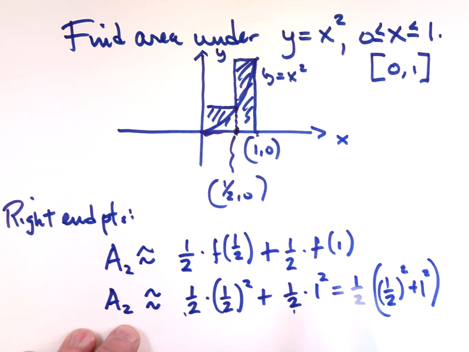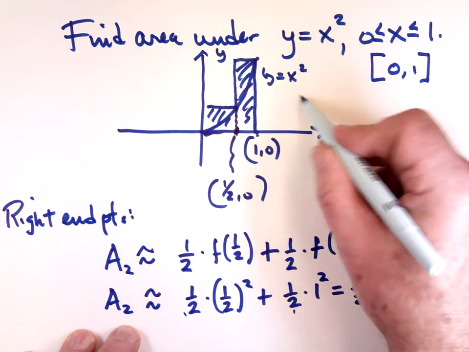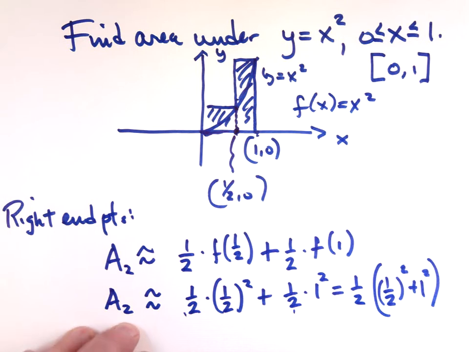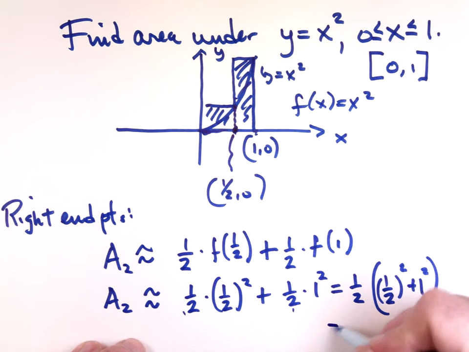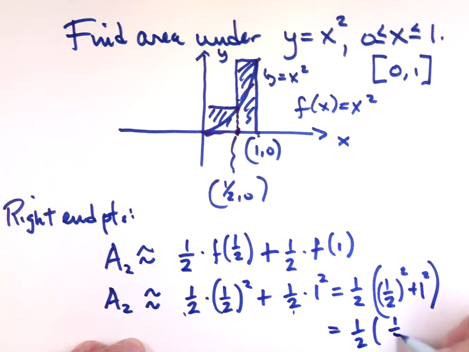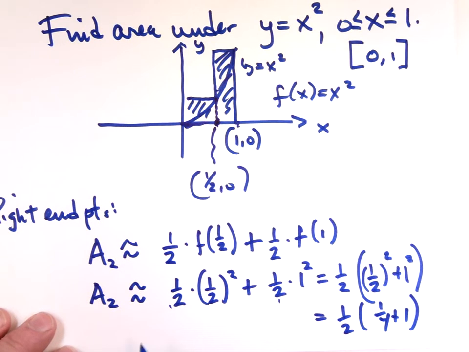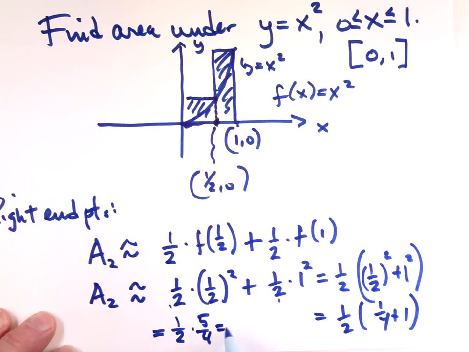Another way of writing it, same thing. So what do we end up with? The area of two rectangles is 1/2 times 1/4 plus 1, which is equal to 1/2 times 5/4, which is 5/8. That's my estimate as to what this area is.